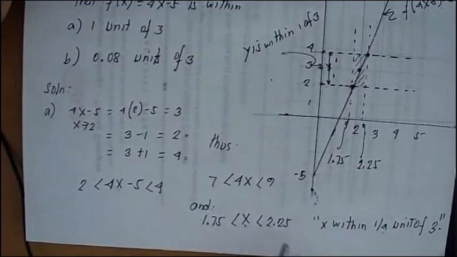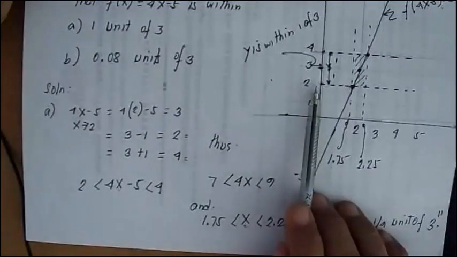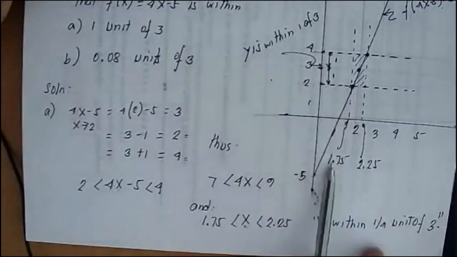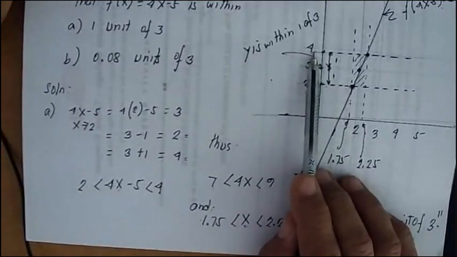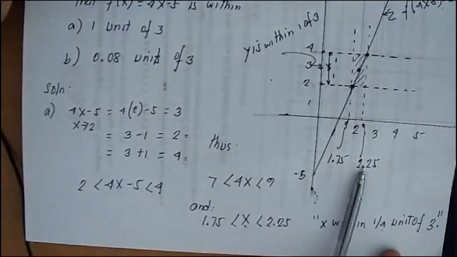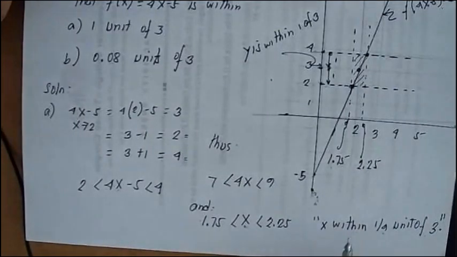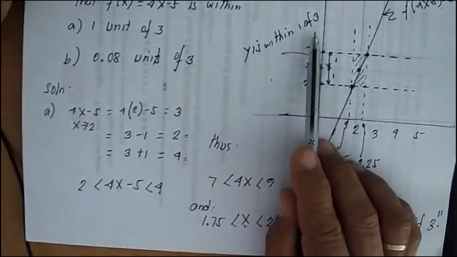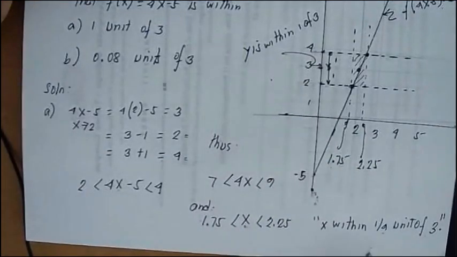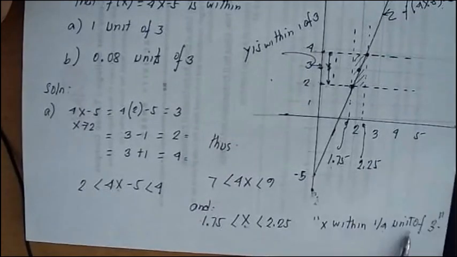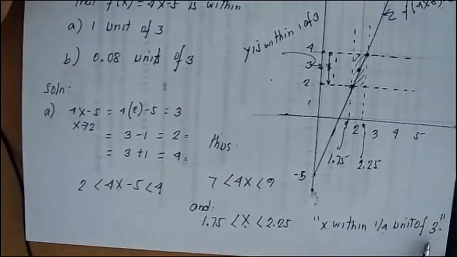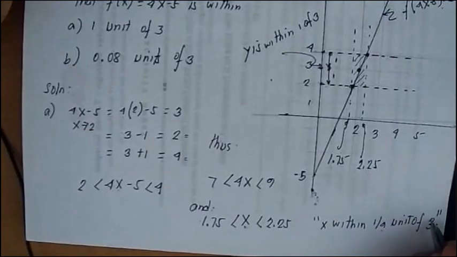So therefore, yung value ng x natin, if our limit is 2, the answer is 1.75. If our limit is 4, the answer is 2.25. So our answer: if y is within 1 unit of 3, our x is within 1/4 or 0.25 unit of 2. 2 dapat ito, hindi siya 3. Okay?